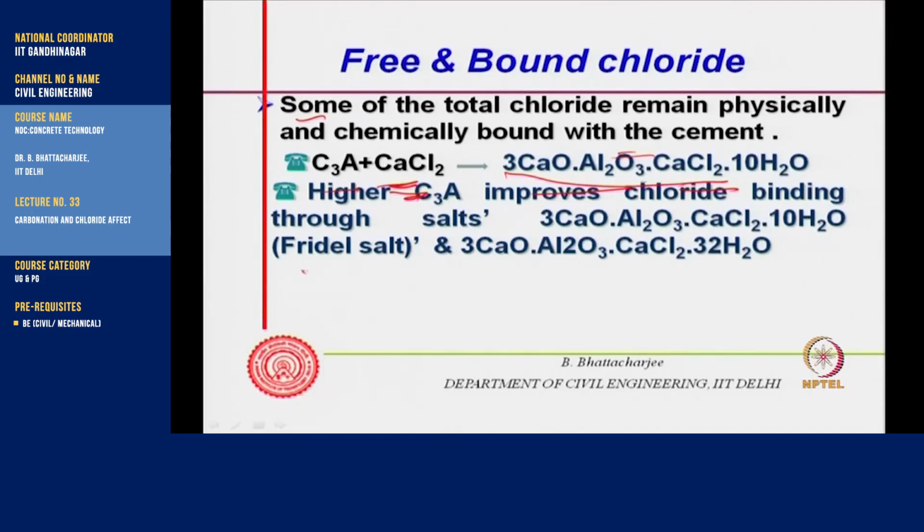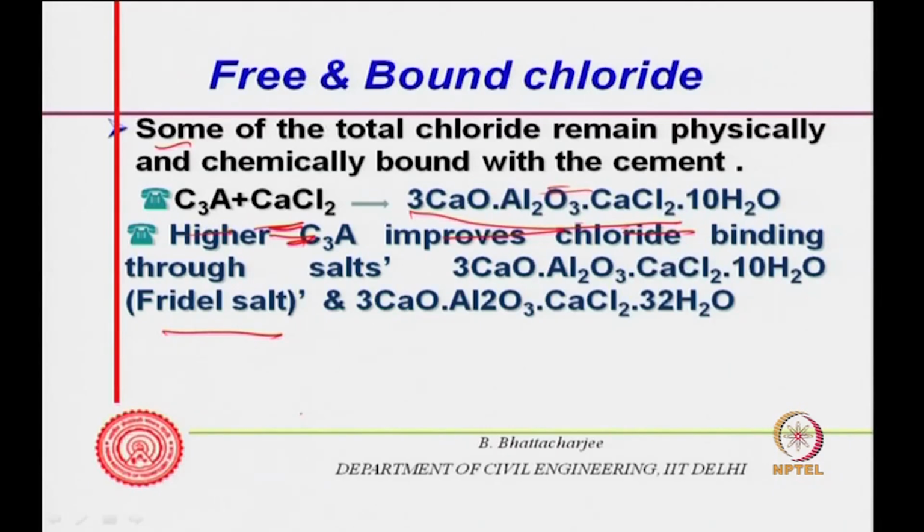These are called Friedel salts. Some could be physically adsorbed, and they are also immobile, not water soluble. So, chemically bound chloride is not water soluble and would not contribute to depassivation, but they can later on become soluble, and there could be a problem.